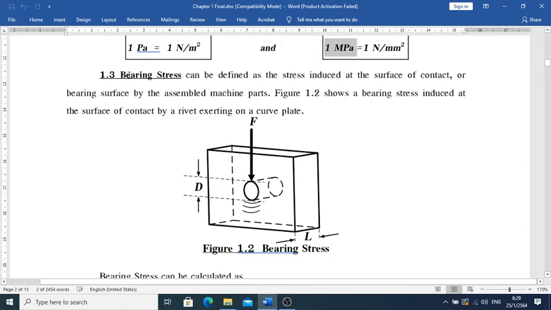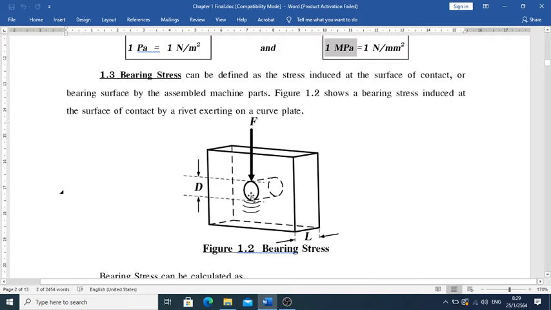It means the bearing stress is only induced when machine parts are assembled to each other. As this figure shows, we have a box with a machine part, or a pin, inserted inside. It is action and reaction: the pin exerts an action force on the box, and at the same time the box exerts a reaction force on the pin.